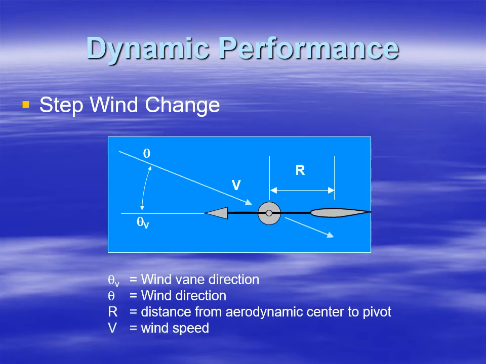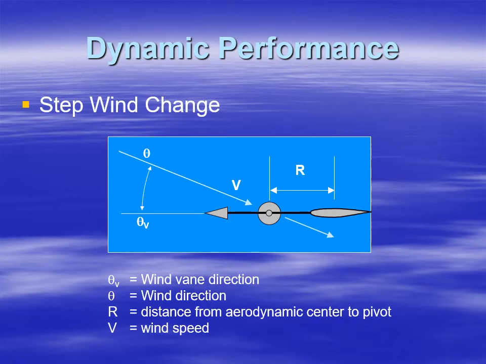So let's break this down a little bit. We got to do some math, so we have to start defining some variables. And we're going to call theta v the direction that the wind vane is pointing. And then theta itself is the direction that the wind is coming from.